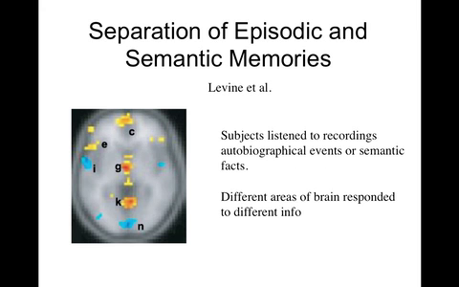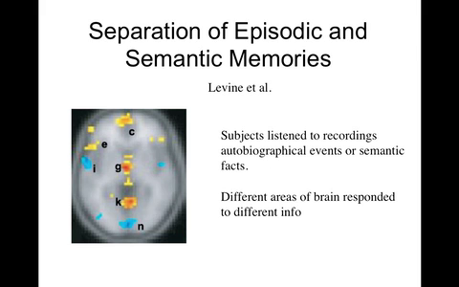In addition, in terms of brain scans, there is fMRI evidence that these are carried by different parts of the brain. So subjects are listening to recordings and thinking about autobiographical events or semantic facts. In this case, they're doing two different types of tasks.